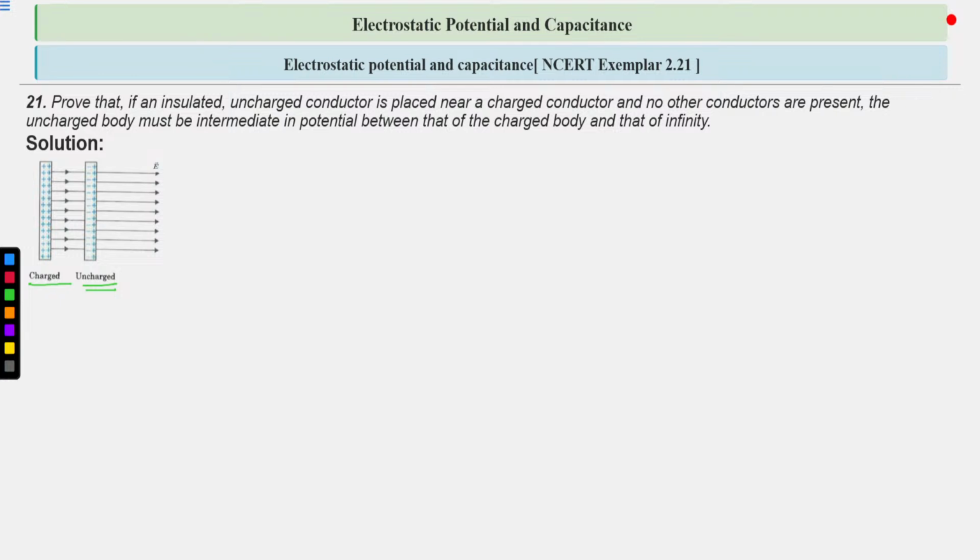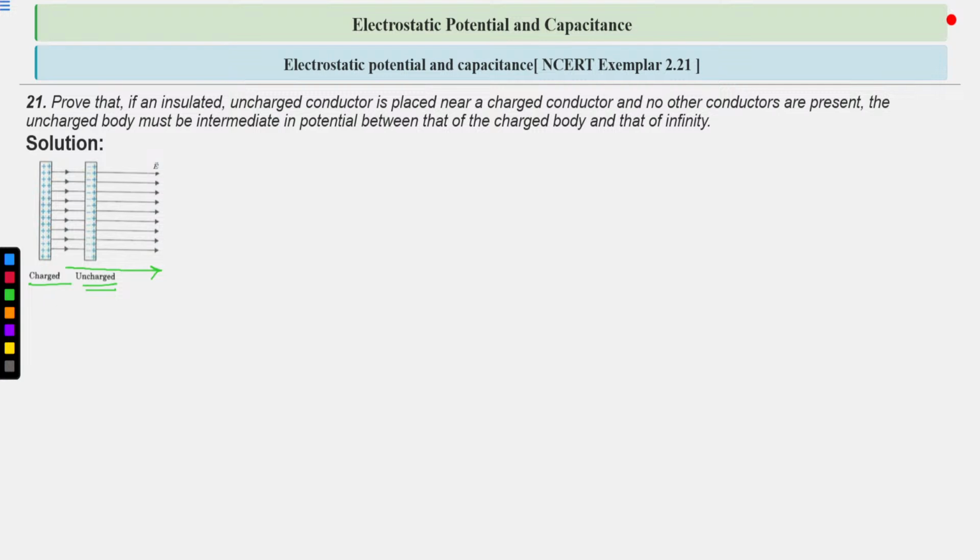The electric field from this charged conductor has a direction like this. We know that the electric field is directed toward decreasing potential, from higher potential to lower potential.